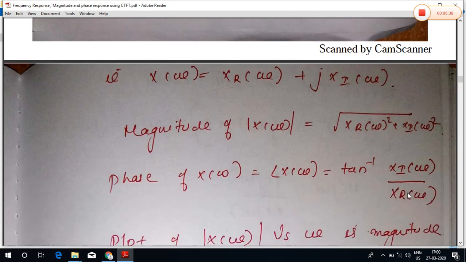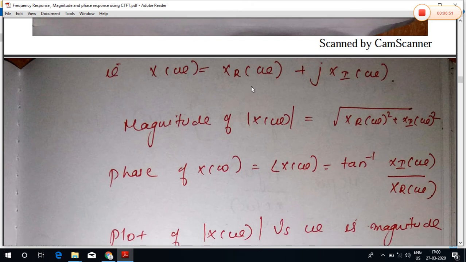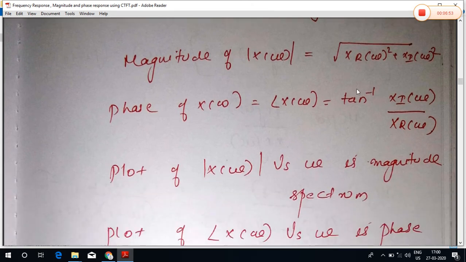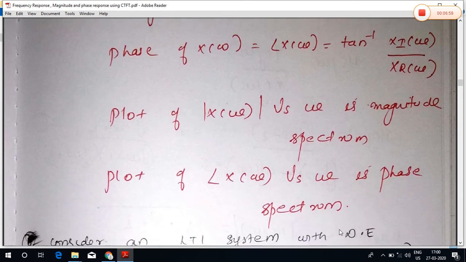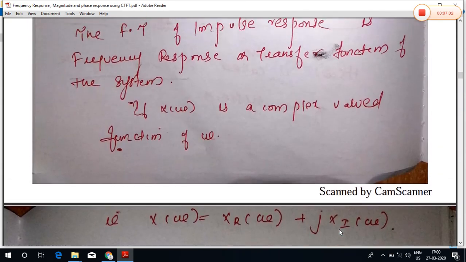And the phase, angle x of omega, is equal to tan inverse of xi of omega by xr of omega. We know that it is tan inverse of b by a, where b is xi of omega and a is xr of omega. The plot of the magnitude versus omega is called the magnitude spectrum, and the plot of angle x of omega versus omega is called the phase spectrum of the given system.